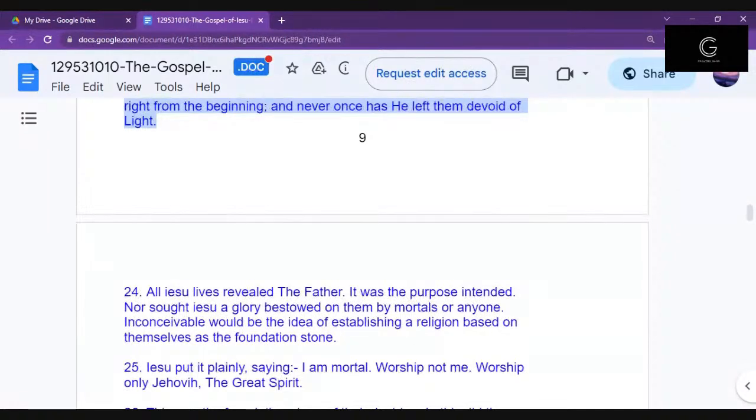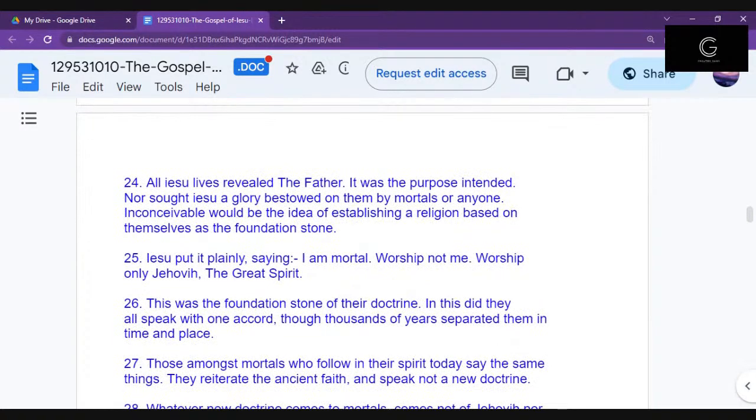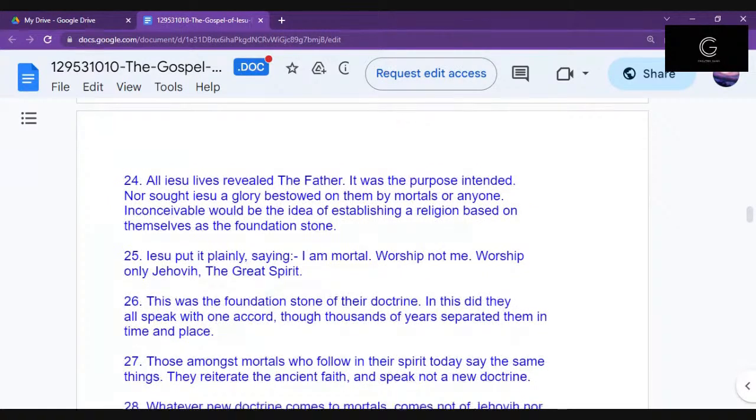All Iesu lives revealed the Father. It was the purpose intended, nor sought Iesu a glory bestowed on them by mortals or anyone. Inconceivable would be the idea of establishing a religion based on themselves as the foundation stone.